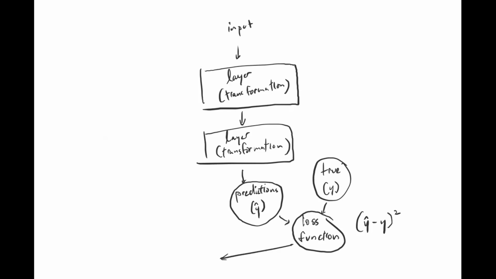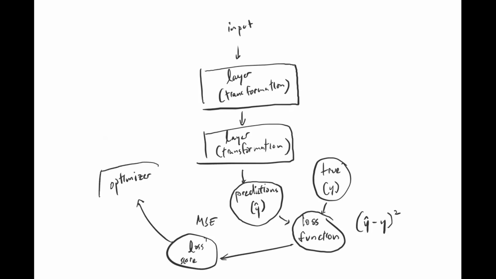This could then be used to calculate your loss score, which might be something like your mean squared error. And this is the thing that goes into your optimizer, so this might be your gradient descent function.